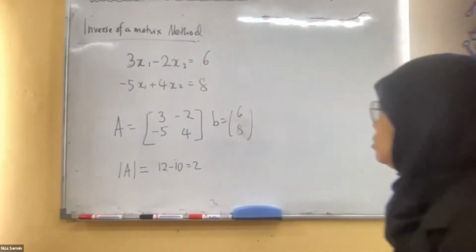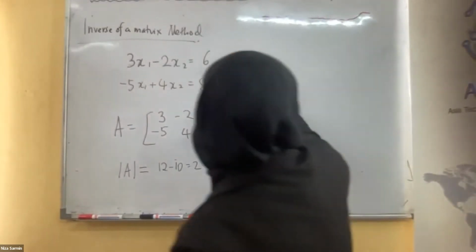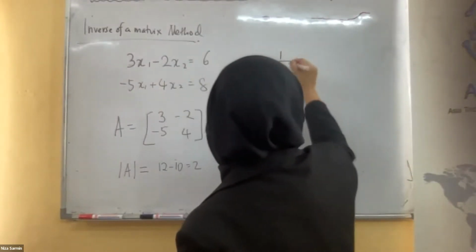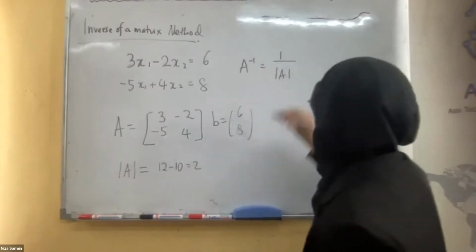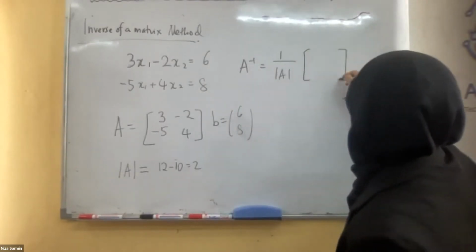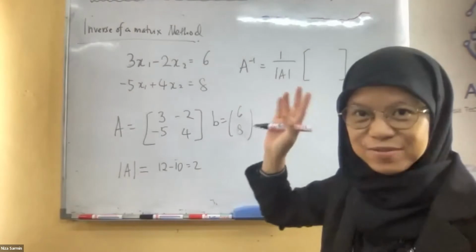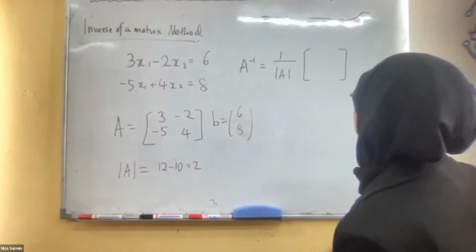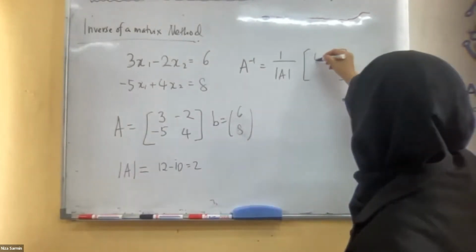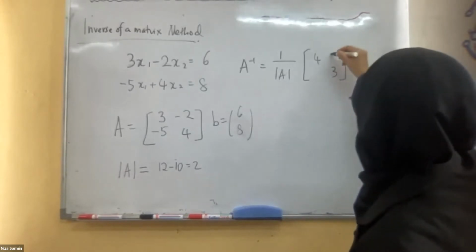Alright. So, what is the A inverse? A inverse is 1 over the determinant of A. You remember this in our very first week, right? We swap, and change the signs, 4, 3, and negative.